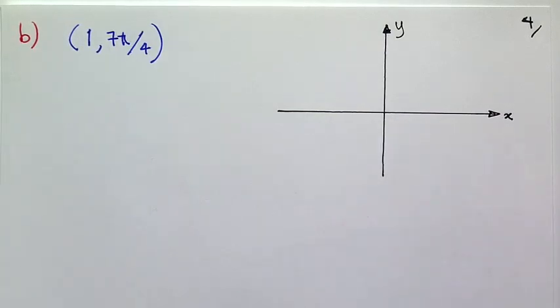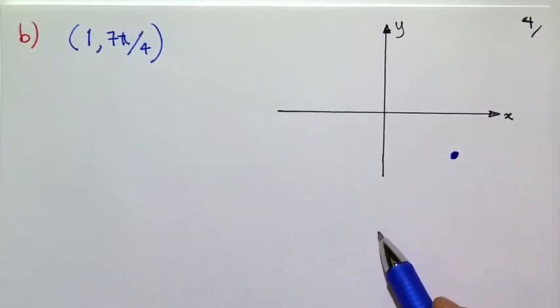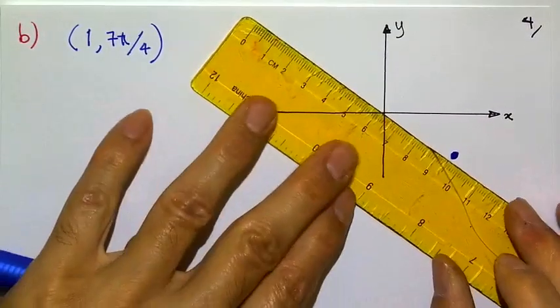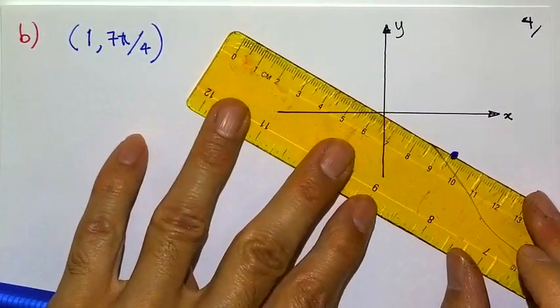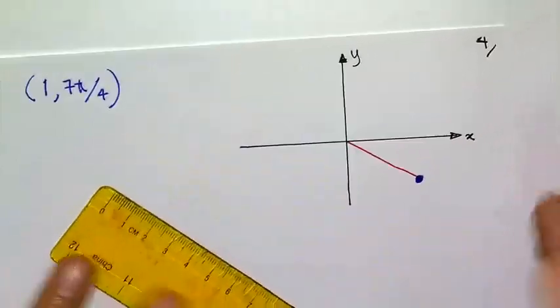So let me plot a point there. We were somewhere there. So r, which is 1, would be that distance from the pole.